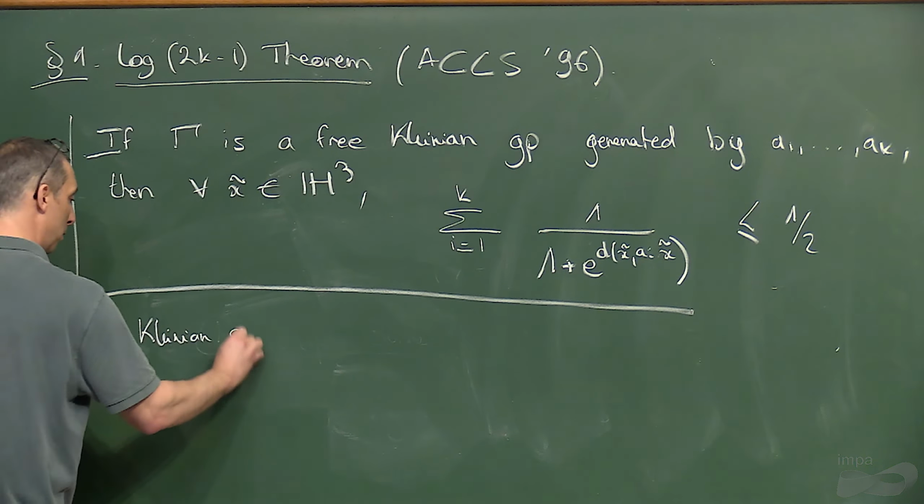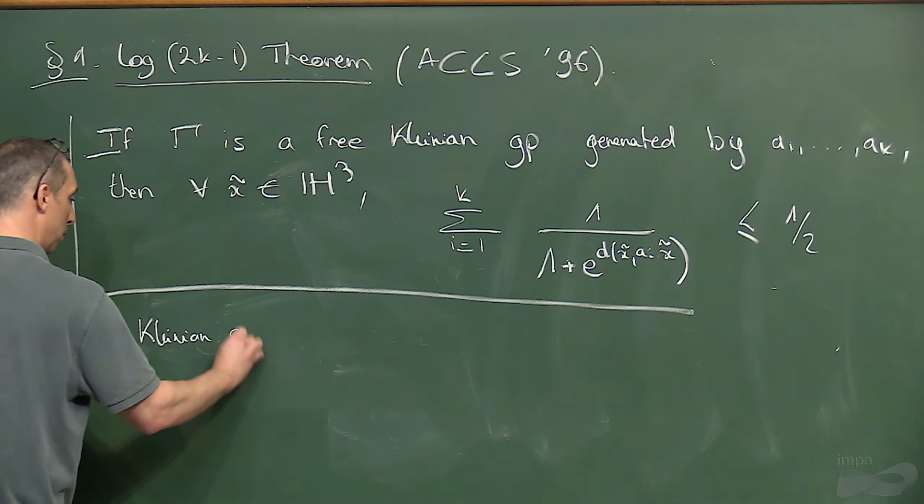Here there are some things to specify. This is a Kleinian subgroup generated by these k elements and isomorphic to the free group with k generators. So you have no relations between the elements a1 to ak. So what does this theorem say?